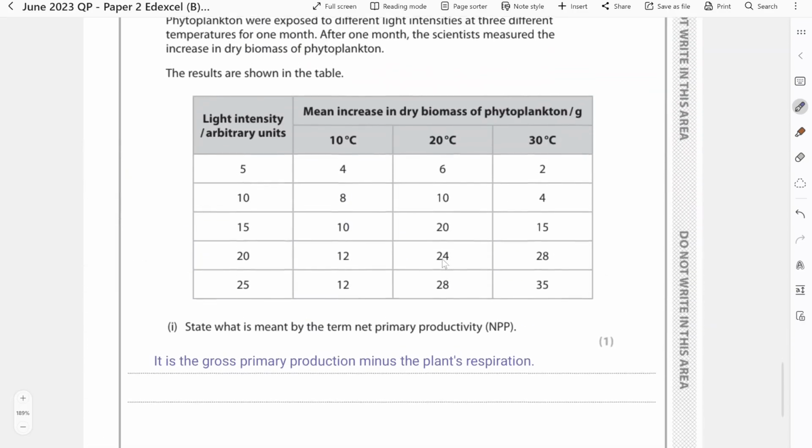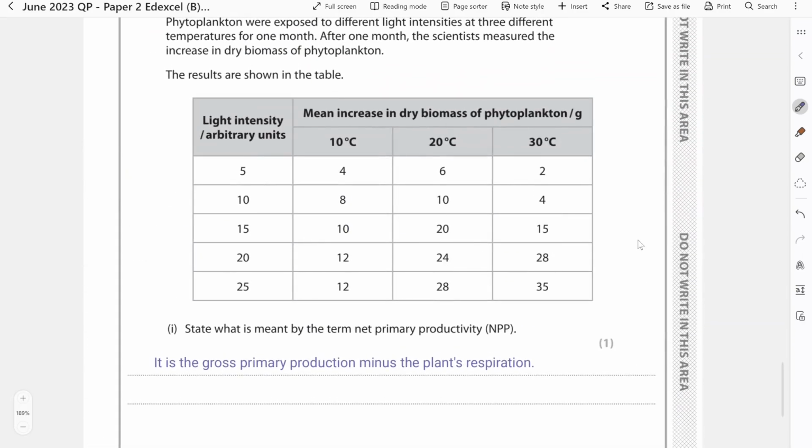Now, when we look at the table, we can see the relationship between the plant biomass and the temperature. So there are 3 temperatures here, 10 degrees, 20 degrees, and 30 degrees. We can see that with higher light intensities, so 20 to 25 arbitrary units, as the temperature increases, the biomass increases, and that's for both of them.